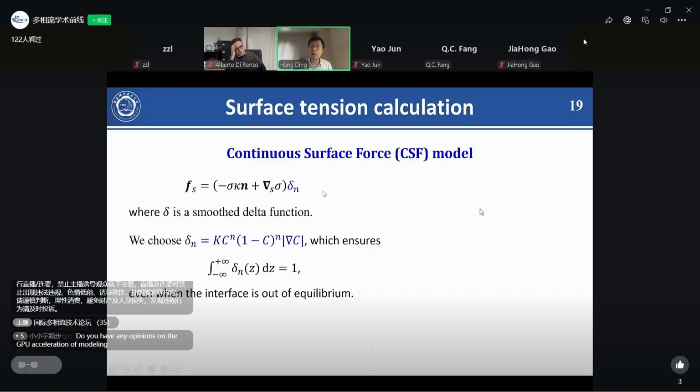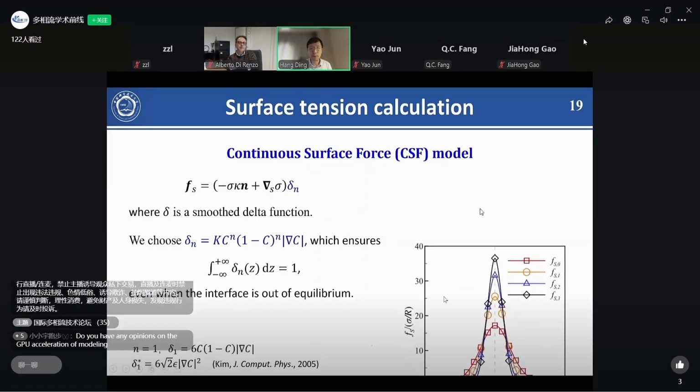Because the delta function should be related to the position of the interface, where the surface tension plays a role. We propose this delta N in this shape. This ensures that no matter what the distribution of the interface profile is, out of equilibrium or at equilibrium, this integration always equals 1.